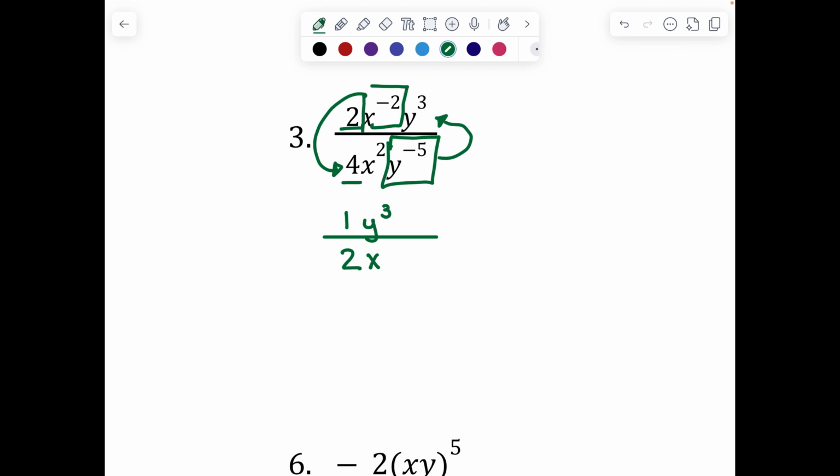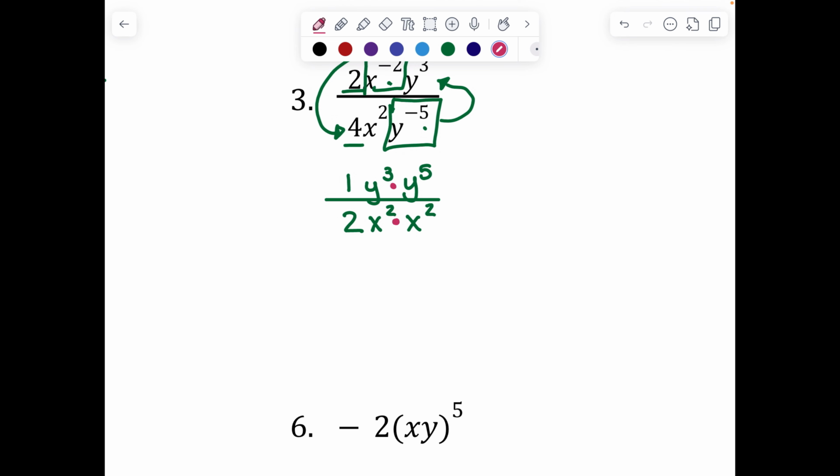X to the second stays as it is, because that was positive to begin with. Now I'm moving that x to the negative 2 from the numerator here down to my denominator, so it becomes positive. I'm moving this y to the negative fifth into my numerator, so it becomes positive. When I move these, I am now multiplying those terms.